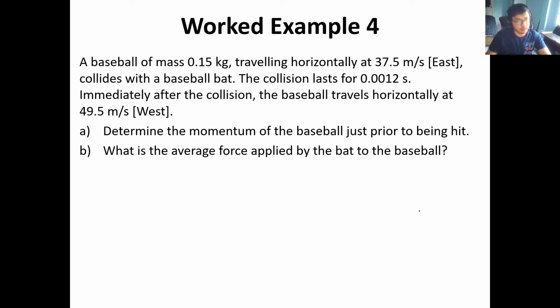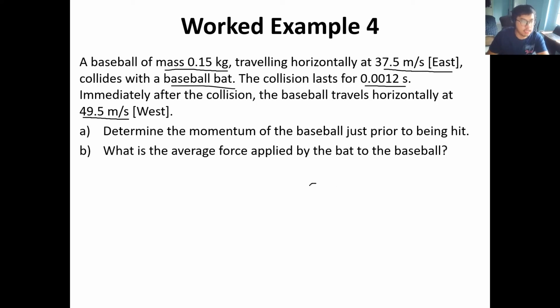Let's do example 4 to see what happens in terms of the momentum when a ball is being hit and it changes direction. The question reads: a baseball of mass 0.15 kilograms traveling horizontally at 37.5 meters per second east collides with a baseball bat. The collision lasts for 0.0012 seconds. Immediately after the collision, the baseball travels horizontally at 49.5 meters per second west.